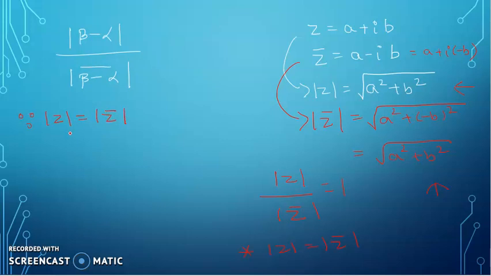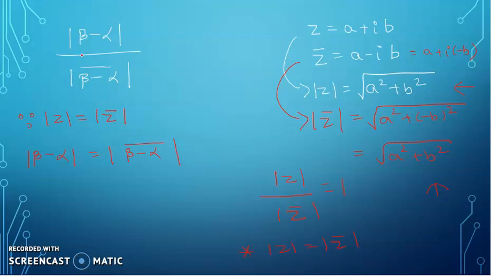It does not make any difference. This property we are using: the modulus of z is equal to the modulus of the conjugate of z. So if I divide here, this will be equal to 1, or you can substitute here, same thing.